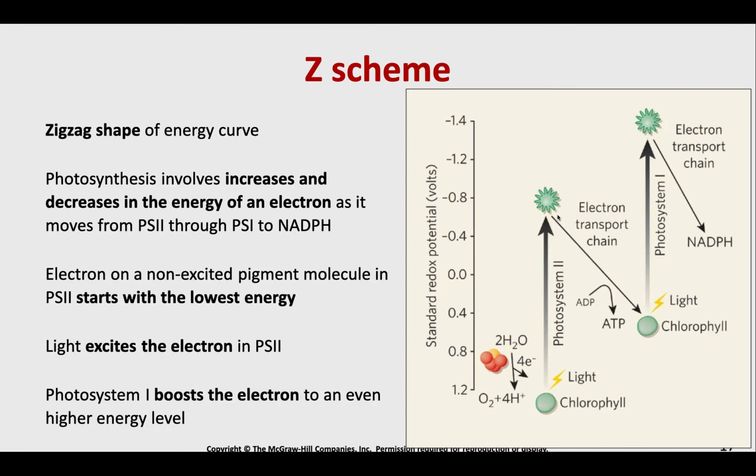It's going through the electron transport chain, the cytochrome complex, before reaching photosystem 2. It's lost a lot of energy along the way. So now it's going to be re-excited by light and reach an even higher energy state. Again, it's going to lose some energy on its way through different molecules before finally being captured by NADPH.